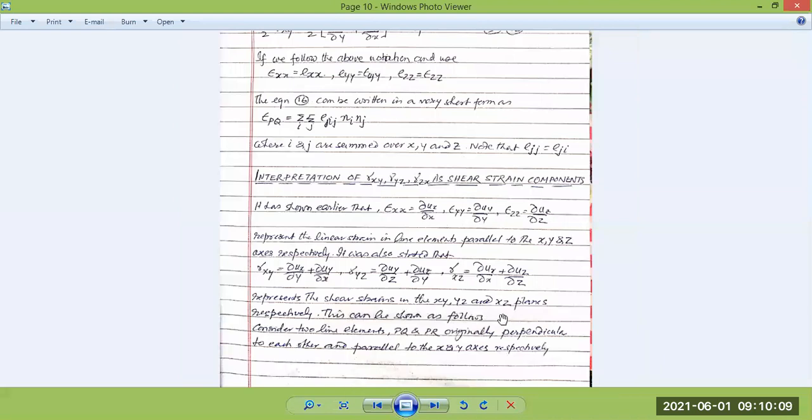This can be shown in the following diagrams. Let us first have a look at what is going on, and how we have got it.